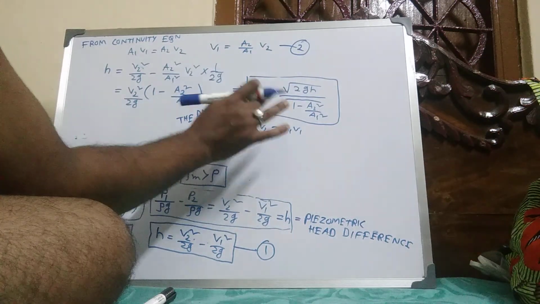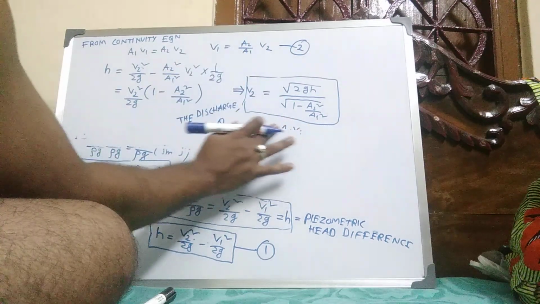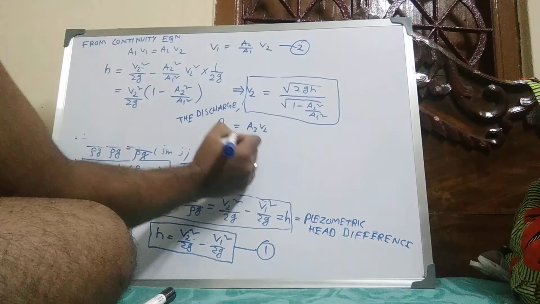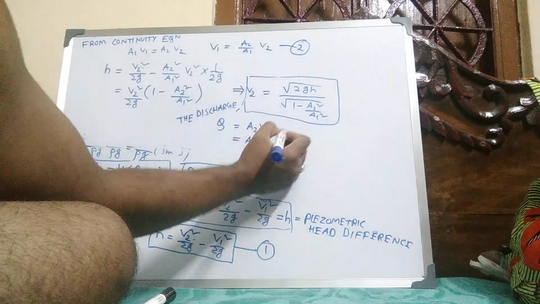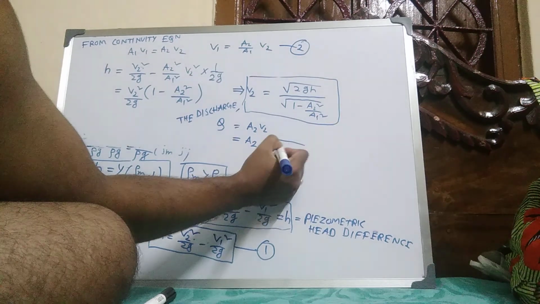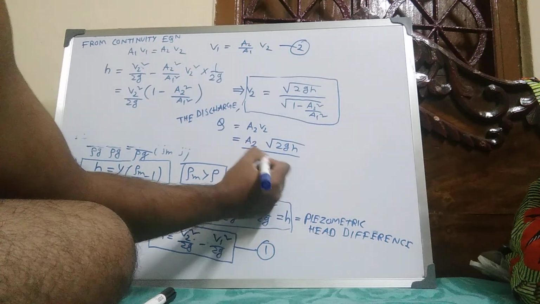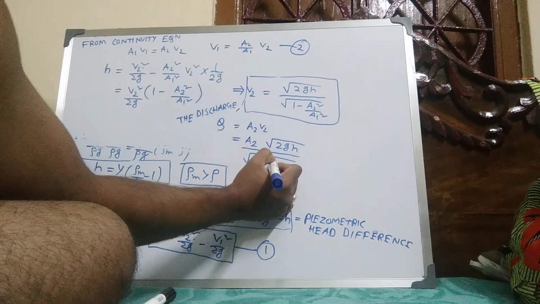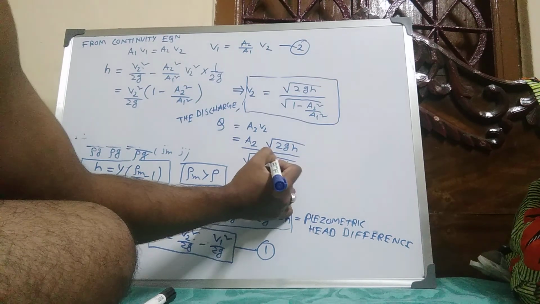I already calculated the V2 value, so A2 into root over 2gh over root over 1 minus a2 square by a1 square.